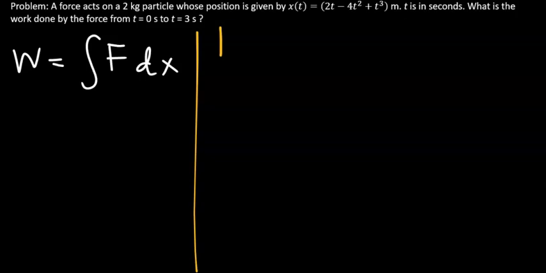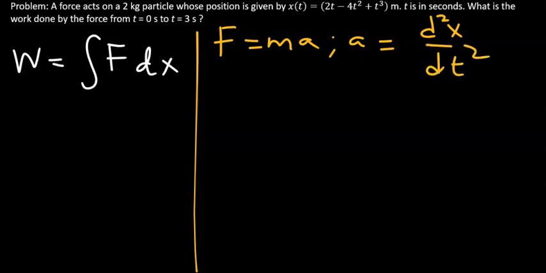Now we know force is mass times acceleration. We know mass, but what is acceleration? How do we get the acceleration? Well, we have to take the derivative of that x function 2 times. So d2x dt squared.